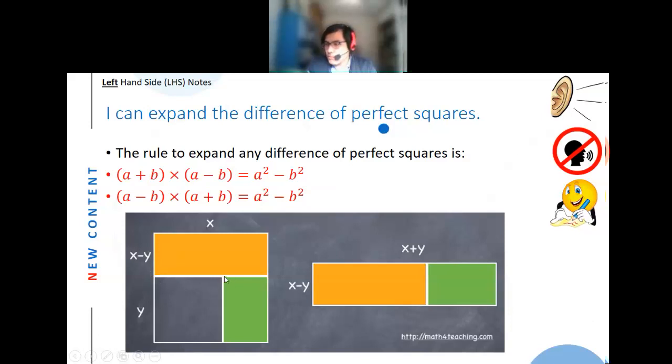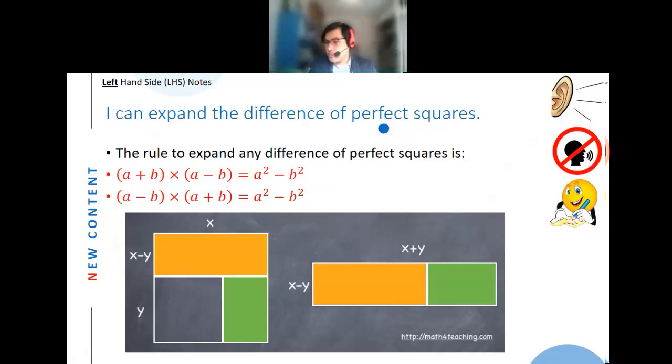And if you take the area of the big square, that's going to be x squared, and you minus the area of the small square, which is y squared.